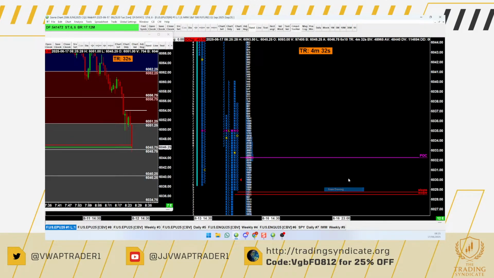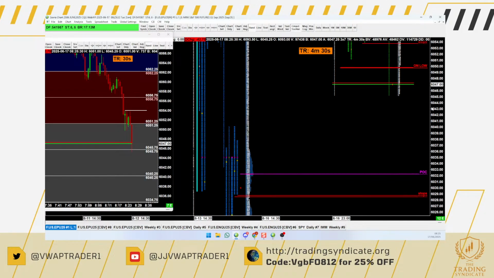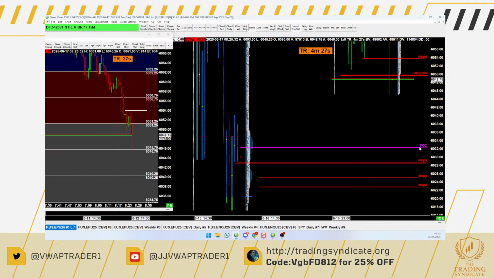So here's the thing. The next structural set of stops is really 60.32, right? So be careful going long here until we get back up over 54, right?